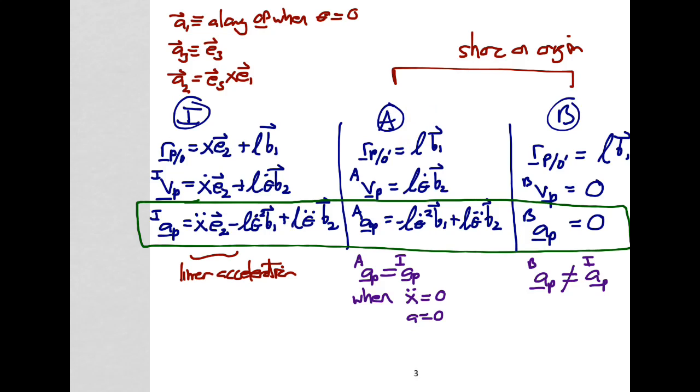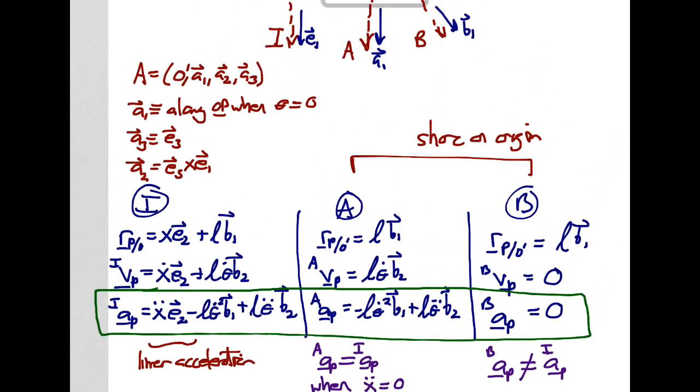And so therefore, when this occurs, reference frame A is an inertial reference frame. So let me say that again. When reference frame A is moving at a constant velocity, or in other words, the acceleration of reference frame A is equal to 0, that relative acceleration, then you can use its observations just as if it's an inertial reference frame.